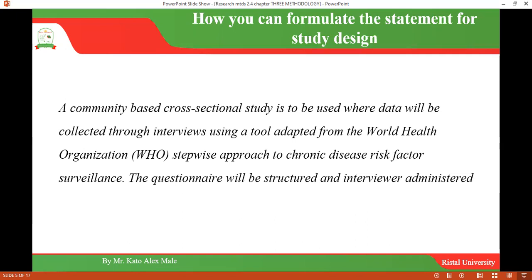We are going to see that there are various sites where we can have templates for writing certain things, perhaps in the next presentation. For this case, the questionnaire used in this study was adopted from the WHO STEPS manual. I shared a link which you can follow to download it.